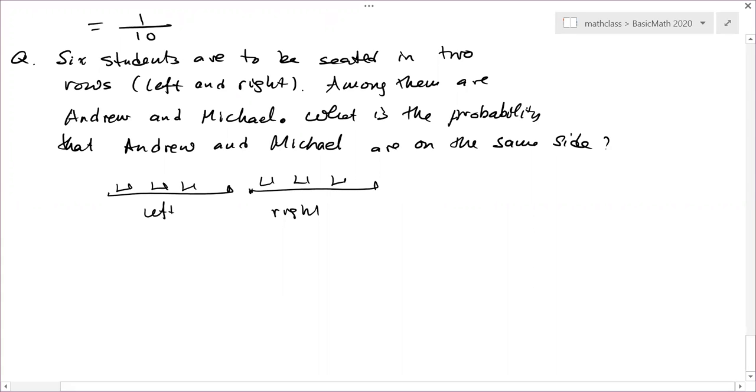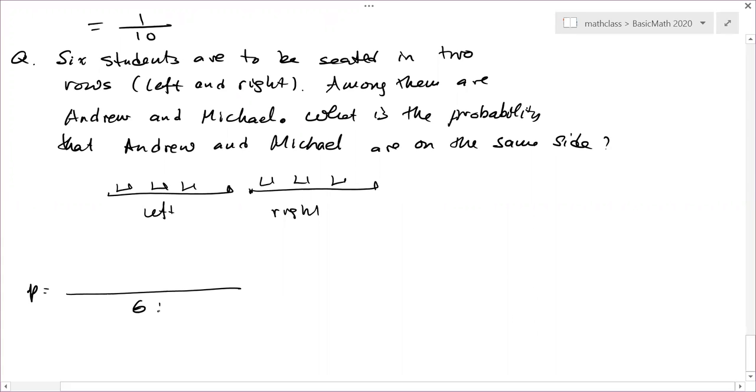So the question is, how do you assign the seats? Now we get all kinds of different answers here, so let me explain. The denominator is clear: it's 6 factorial.